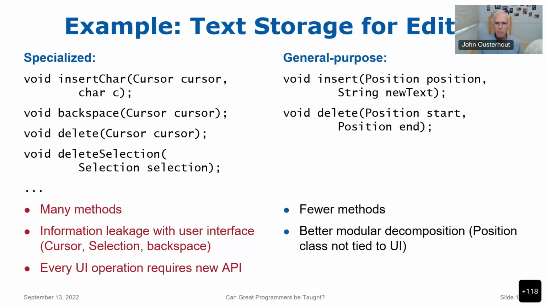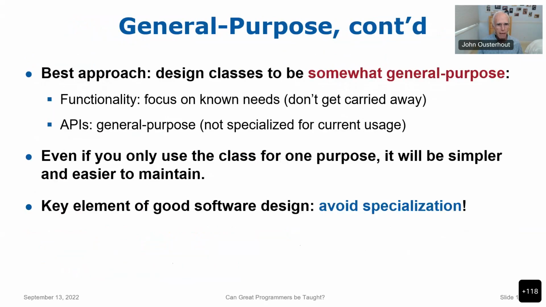So it's become clear to me, the more I teach the class, that the general purpose approach is absolutely the right way to go, virtually always the right way to go. And so what I advise people now is that you should design your classes from the beginning to be, I call it, somewhat general purpose. So don't get carried away. You can go way overboard on this.